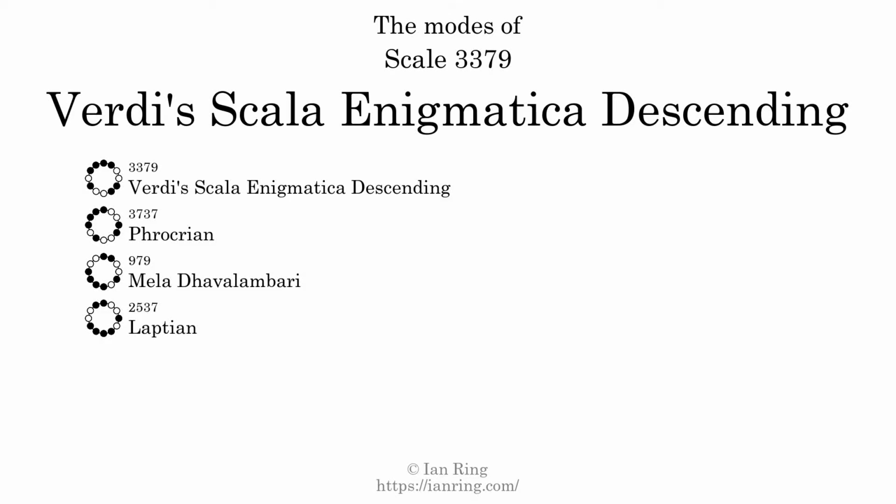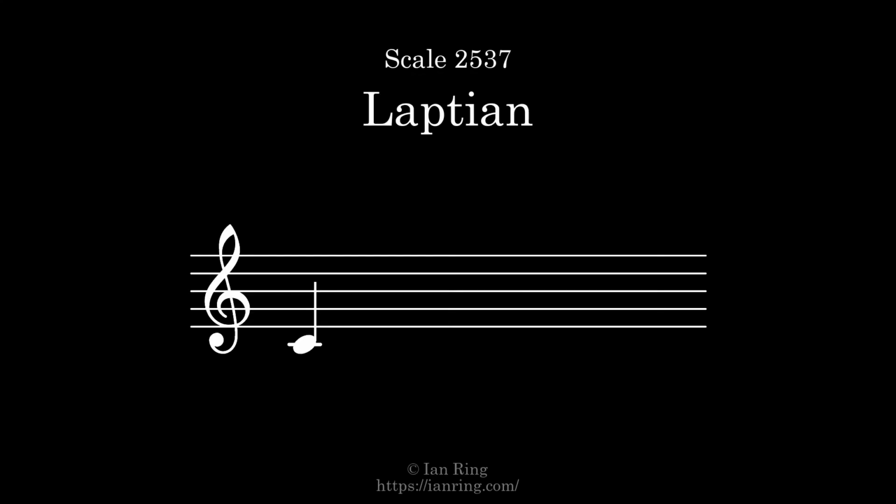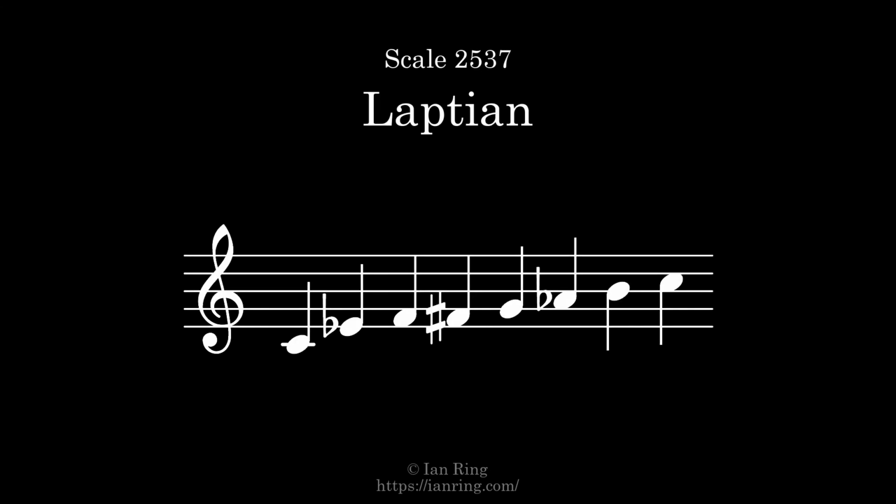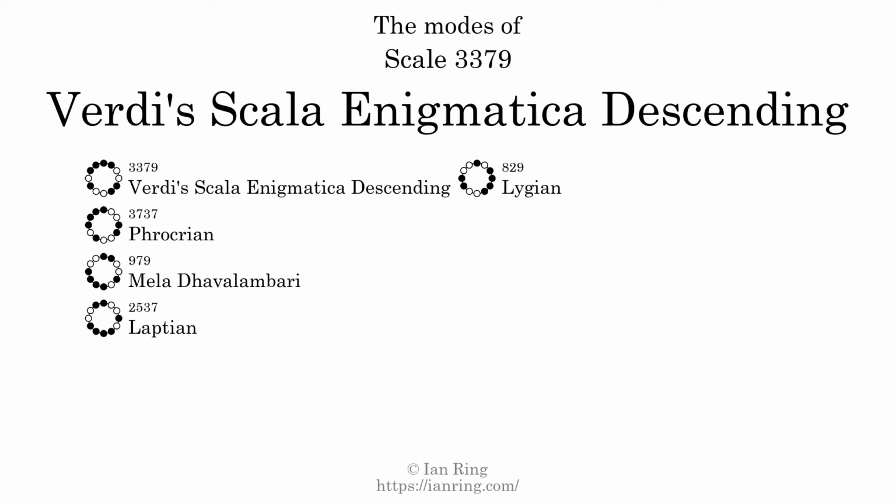The fourth mode is scale 2537, also known as Laptian. It sounds like this. The fifth mode is scale 829, also known as Lydian. It sounds like this.